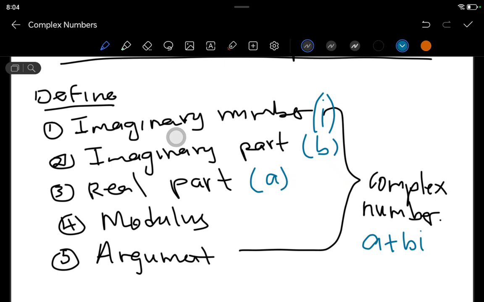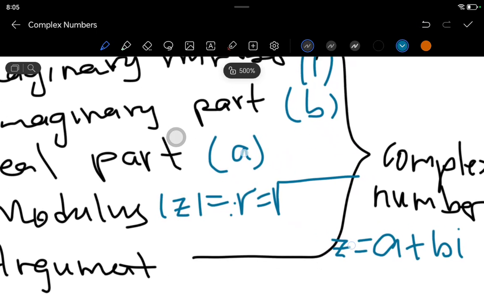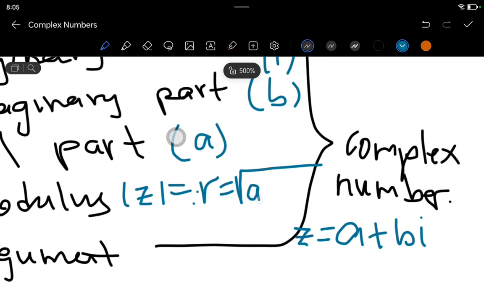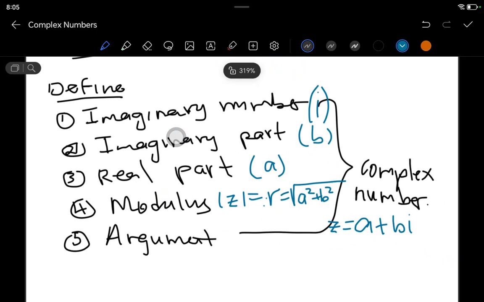Let's say this complex number is z. The modulus of z, most times we call it r, is the root of a squared plus b squared.